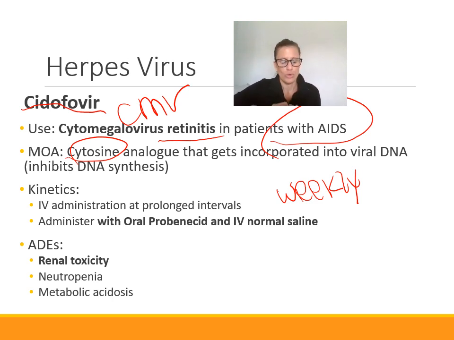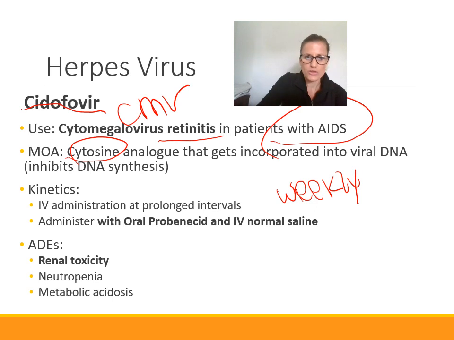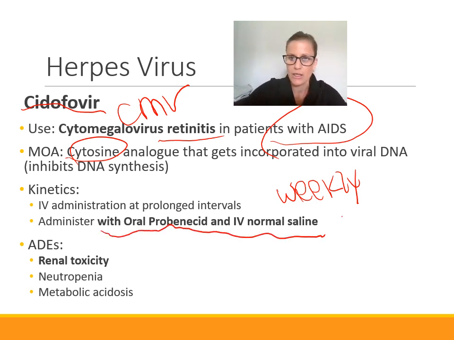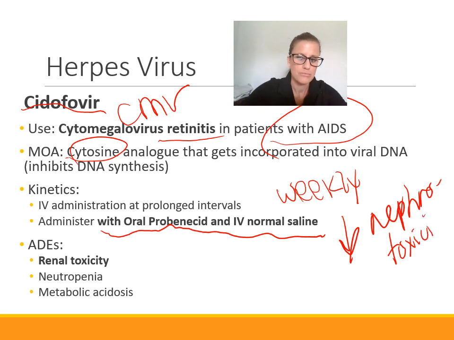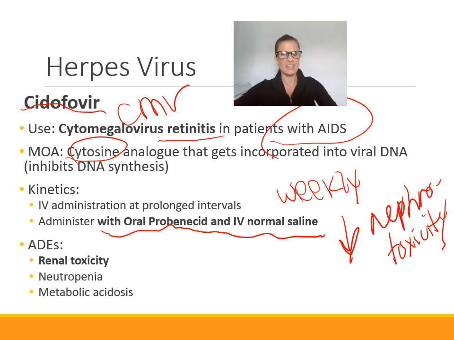Cidofovir is renally toxic. It has nephrotoxicity, so we give it with oral probenecid and IV normal saline to try and decrease that nephrotoxicity. The IV normal saline, obviously hydration is typically beneficial in a drug that's nephrotoxic because it decreases the concentration of the drug in the kidneys.